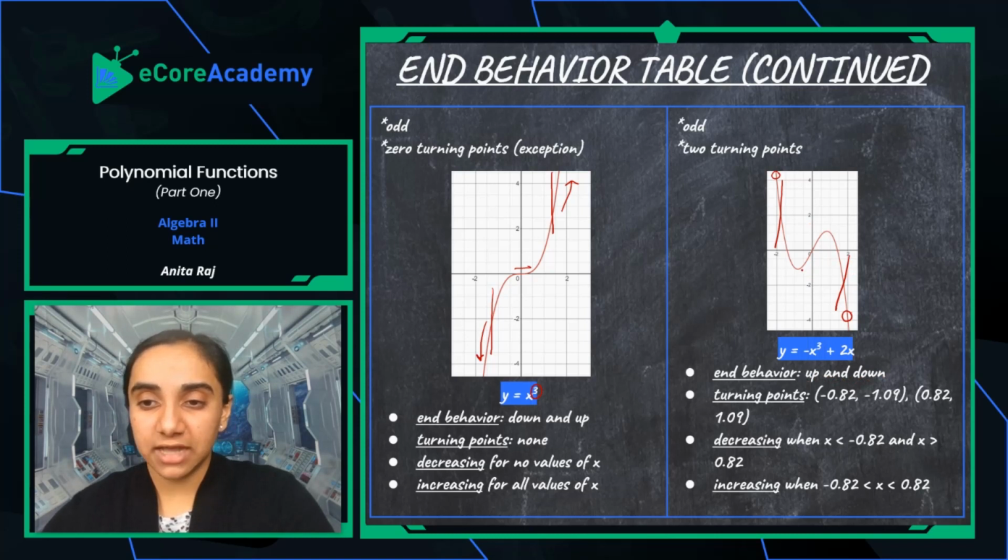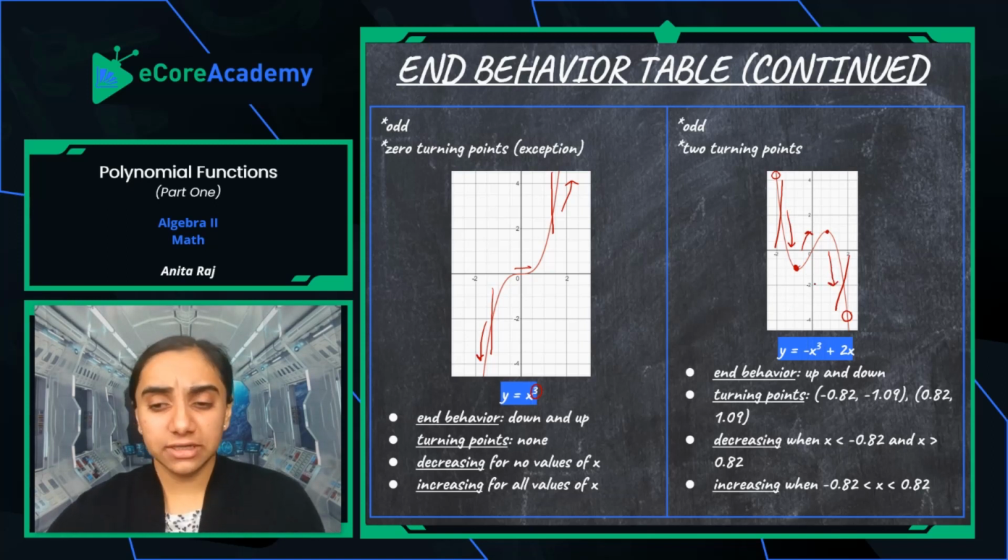The turning points: this actually does have turning points, because you can easily see that this cubic, if you read it from left to right, is decreasing, and then suddenly it increases, and then it decreases all the way to infinity. So it's going to be decreasing in two places: from negative infinity all the way to negative 0.82, and it's also going to be decreasing from 0.82 all the way to infinity.